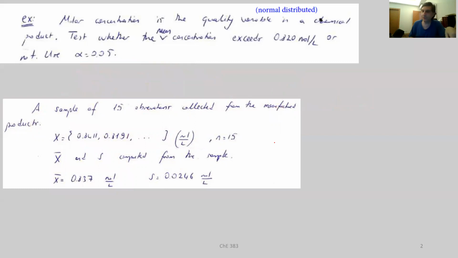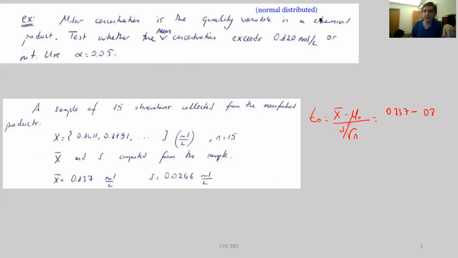Now let me get rid of these. The T0 value here is going to be equal to X bar minus mu 0, over S over square root of n. So X bar is 0.837 minus, where is the mu value?